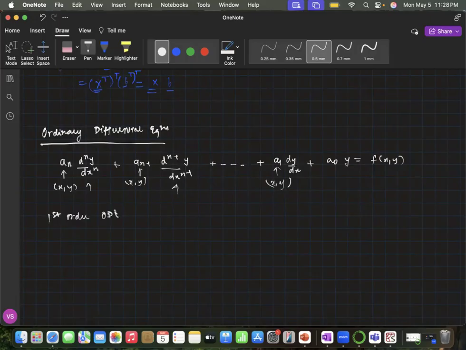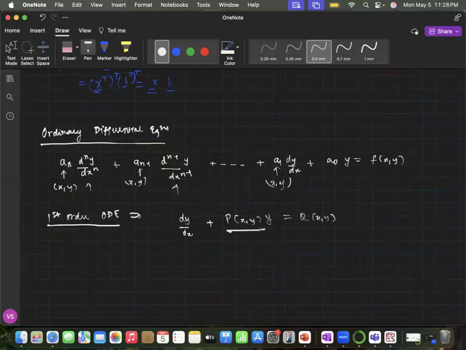The first order ordinary differential equation is of the form, say, dy by dx plus some function P(x, y) times y equals some other function Q(x, y), and we can take this on the right hand side and finally write this entire thing in this form, right?